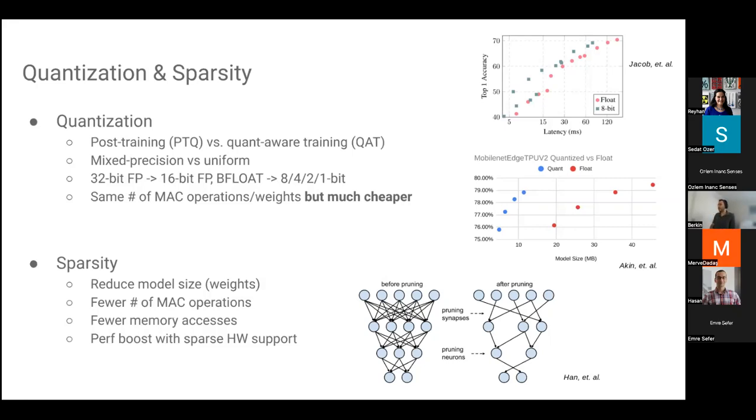Although this may not reflect in your efficiency or performance directly, unless your hardware is capable of running these sparse networks efficiently, which is a challenge for accelerators, because then they have to come with this sort of sparse support. But overall, this is another direction to optimize your neural networks.